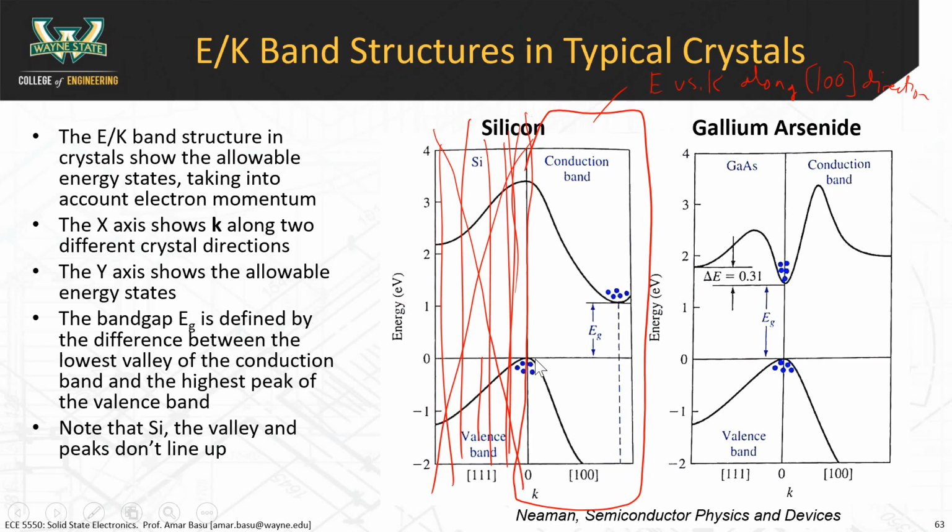Notice that the valence band energies go down like this. The top of the valence band, this line here, is EV. And this line up here is EC.